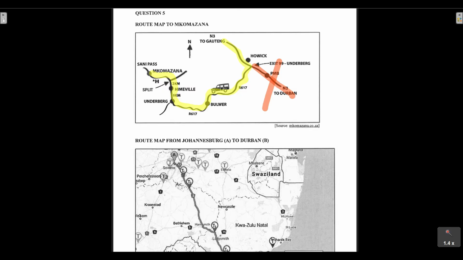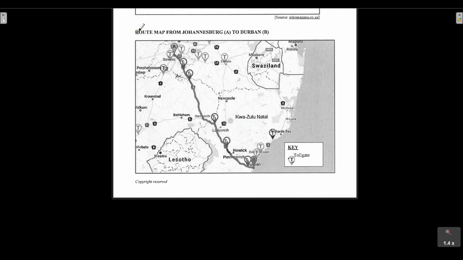Okay, so what does that mean when it comes to looking at this map? If they're starting at point A, that's where they start, and they are going to Nkomazana, right? So that means that they will be traveling on the N3. But remember, they need to exit before they reach Pietermaritzburg.